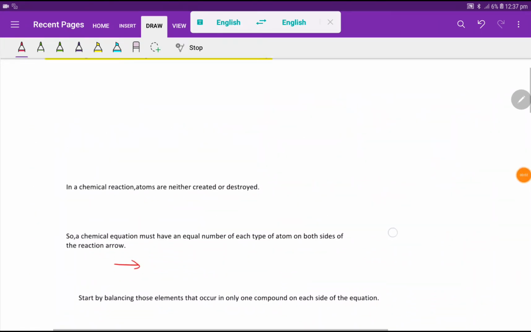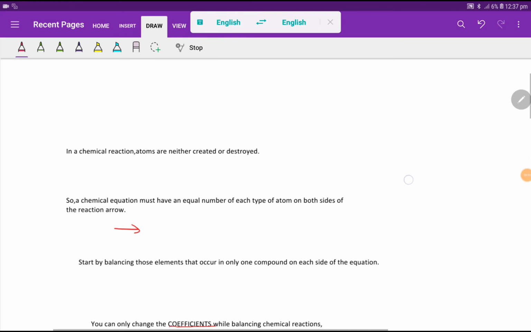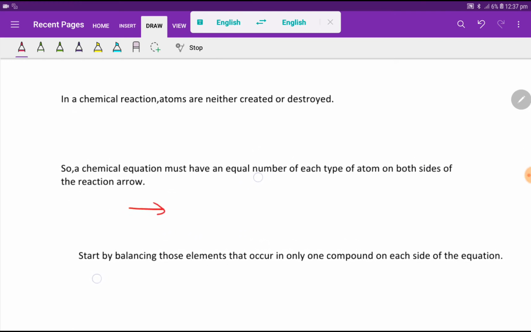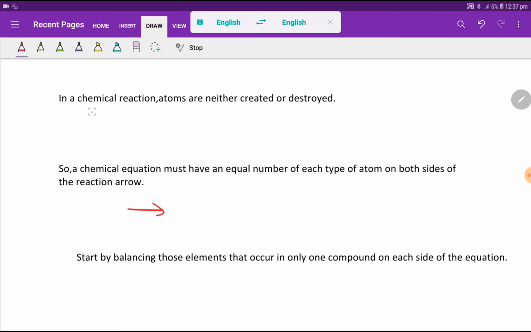Okay. At last, I would like to give you some rules so that you can have more confidence. Look, in a chemical reaction, atoms are neither created nor destroyed. So a chemical equation must have an equal number of each type of atom on both sides of the reaction arrow.